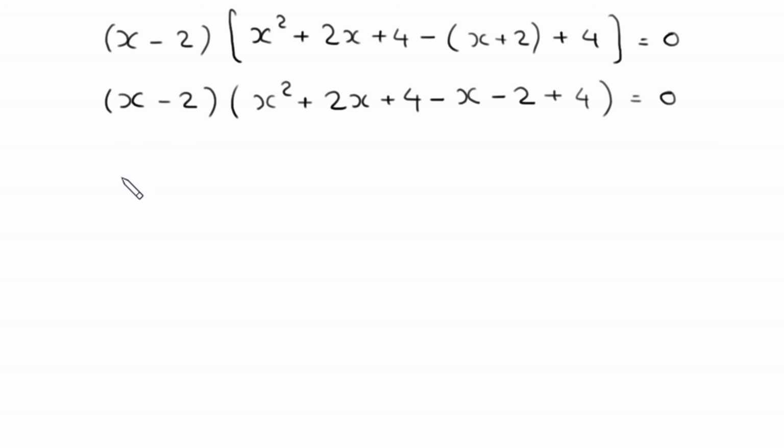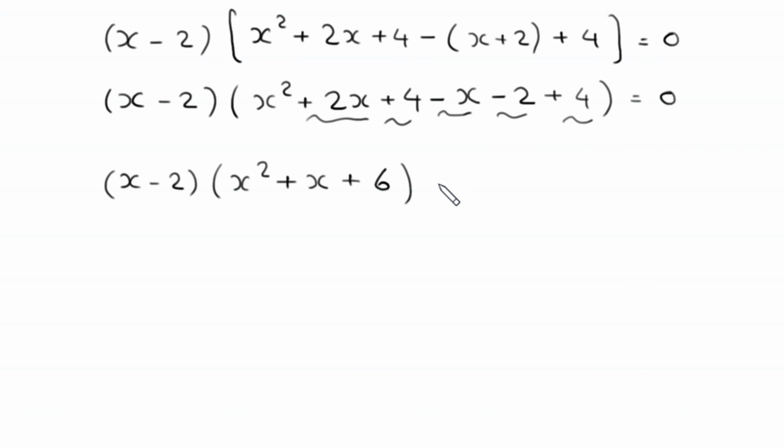Next, x minus 2 times x squared, this plus 2x minus 1x will become plus x, and this 4 plus 4 is 8, and 8 minus 2 will become plus 6, is equal to 0.